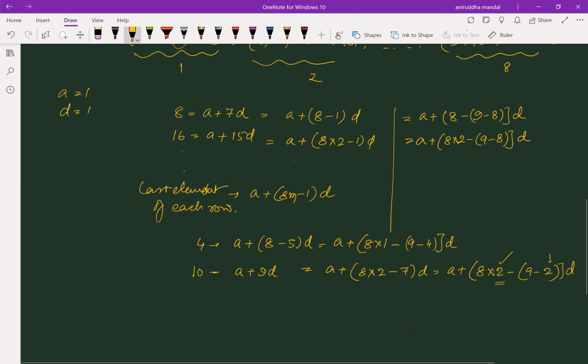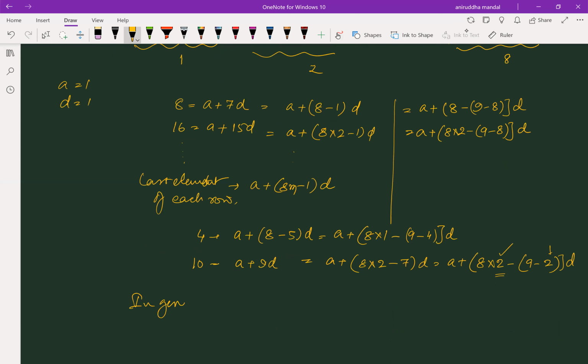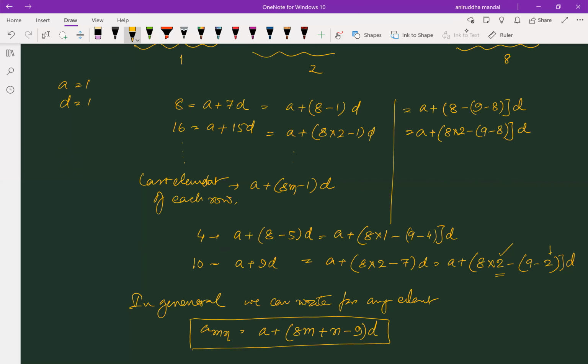So in general, we can write for any element whose address is m row and n column as a plus 8m minus 9 minus n, so we can write this as n minus 9. Okay, so this is the element for m row and n column.